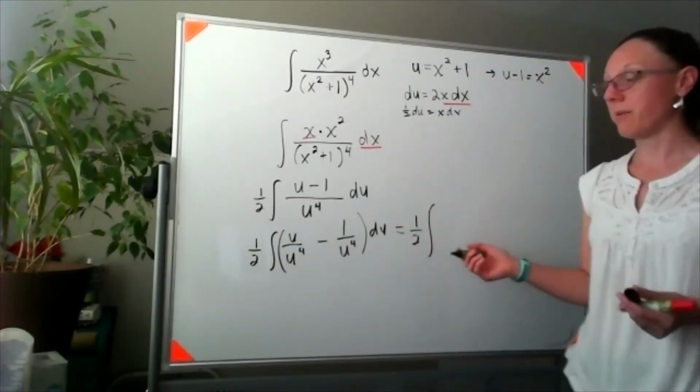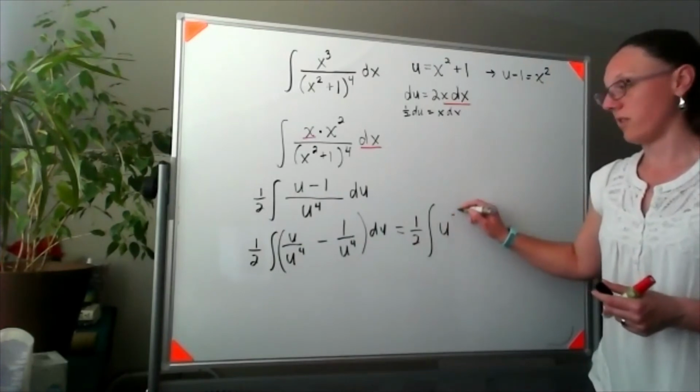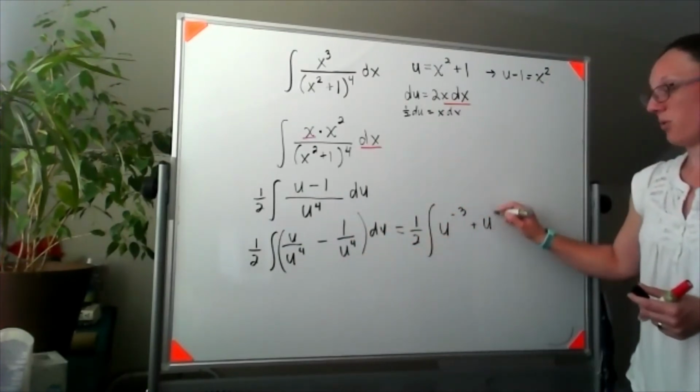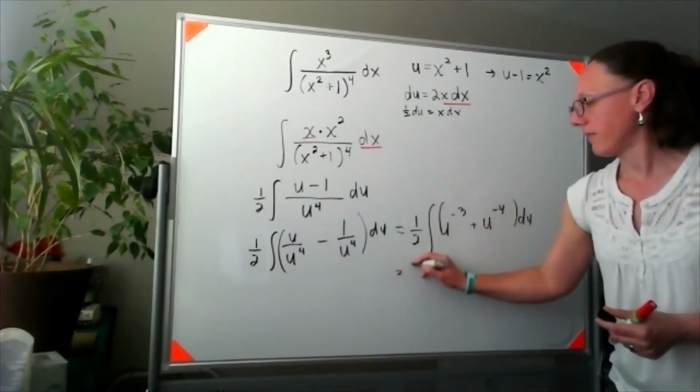Or, rewriting it yet again, u over u to the 4th becomes u to the negative 3rd, and 1 over u to the 4th becomes u to the negative 4th.